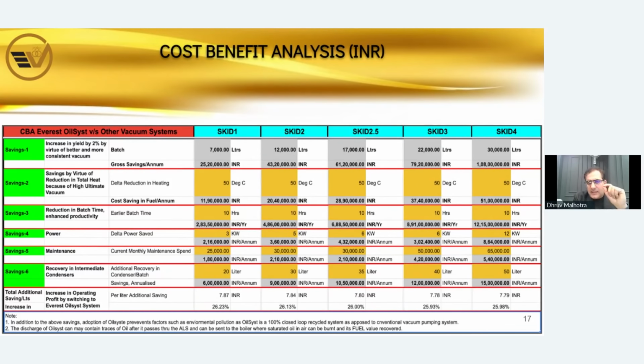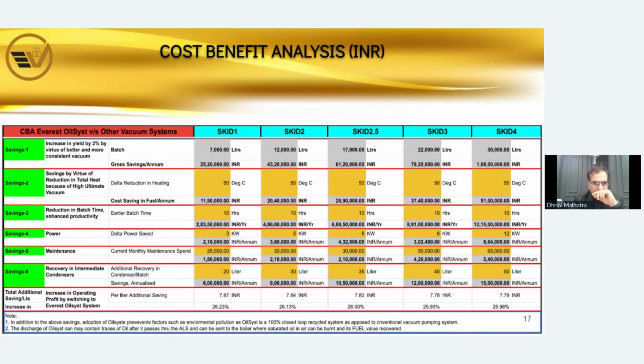Saving 1, increasing the yield by 2%, saved the customer approximately 79 lakh rupees in INR, or if I talk in US dollars, about 100,000 US dollars per annum. These are all savings that have been annualized.